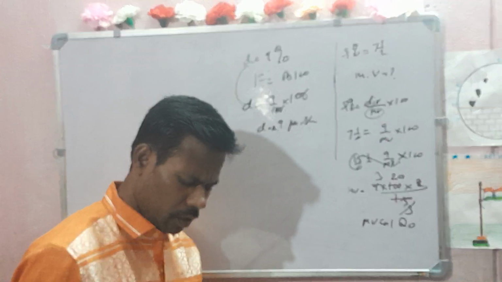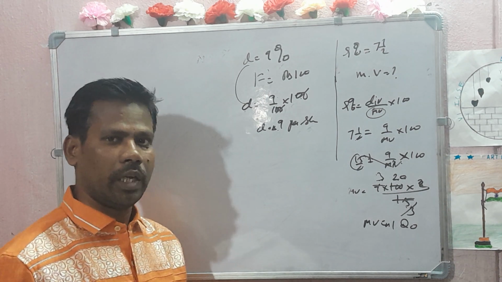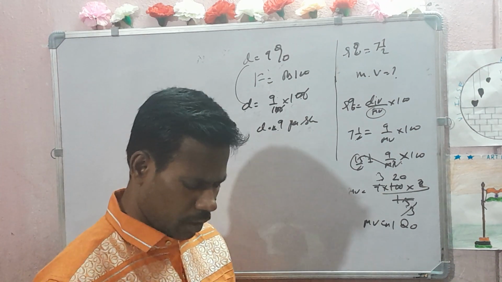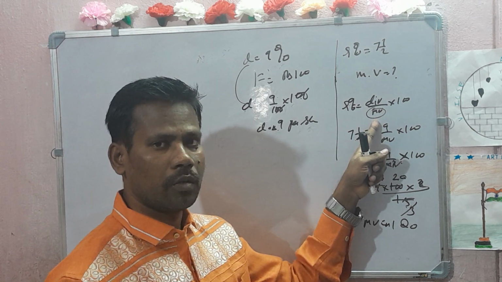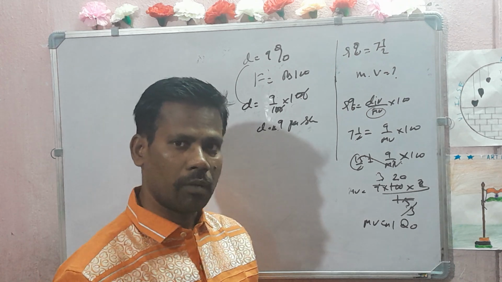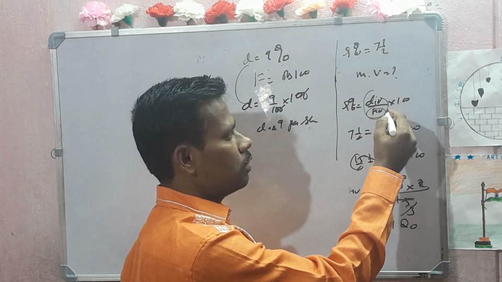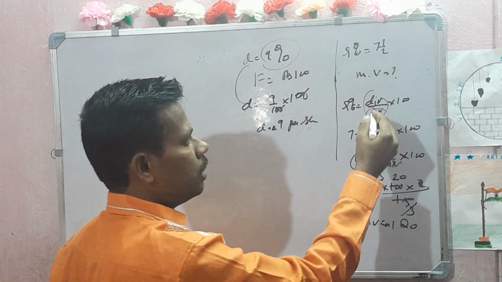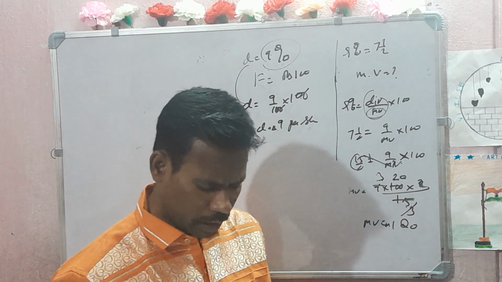Rate return is 7.5% means that is related to the shareholder, whoever is putting the money in the company. Don't write face value here. If you write face value, the meaning is that the company is paying the dividend. Here the company is not paying the dividend here. So here already the company is paying 9% dividend. That is the meaning here. Now dividend by market value into 100. So replace the value, market value is 120.